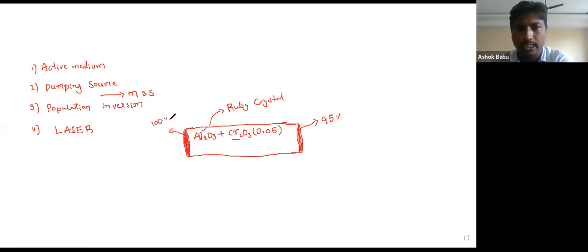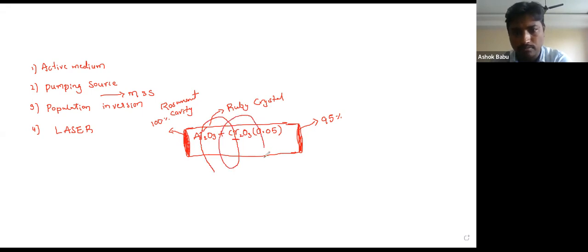These two polished ends act as a resonant cavity. To give optical feedback to the photons, we are using these two mirrors. This ruby crystal we keep in a xenon flash tube.